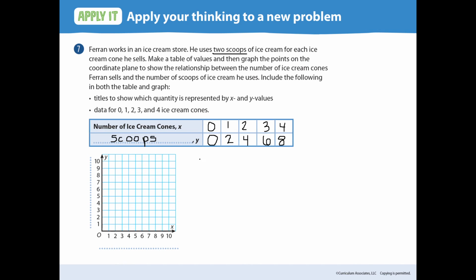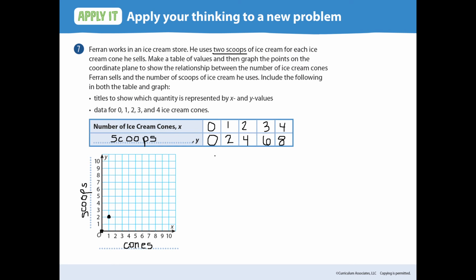So the first one is 0, 0, which would be right here at the origin. That's no ice cream cones and no scoops. The next one, we have 1, 2, so we go over 1, up 2. I guess we should say that this is the number of cones, and here we have the number of scoops.